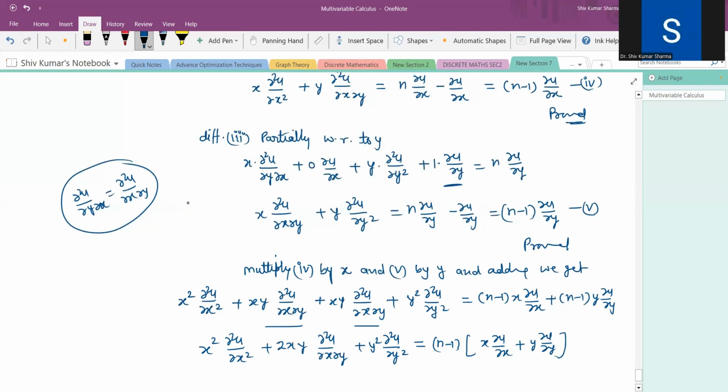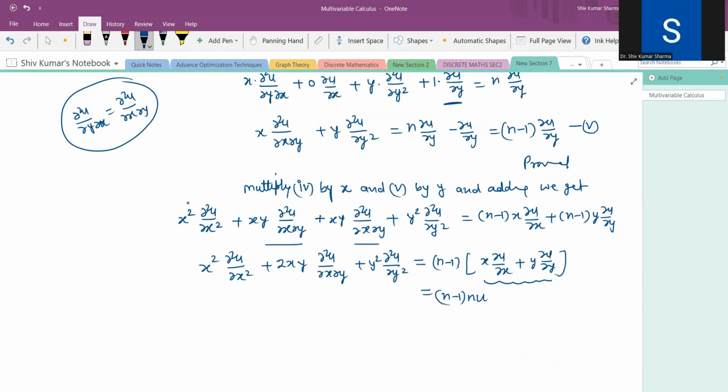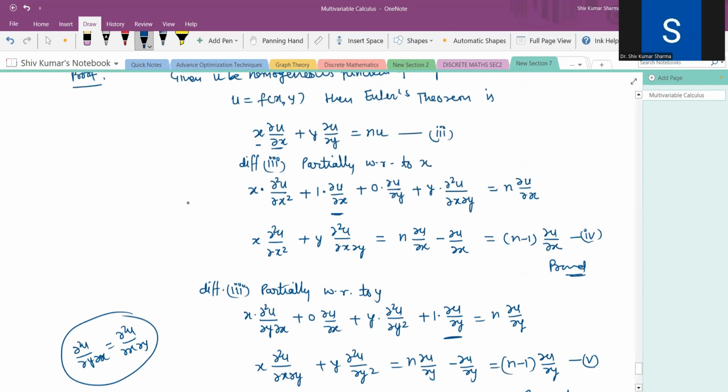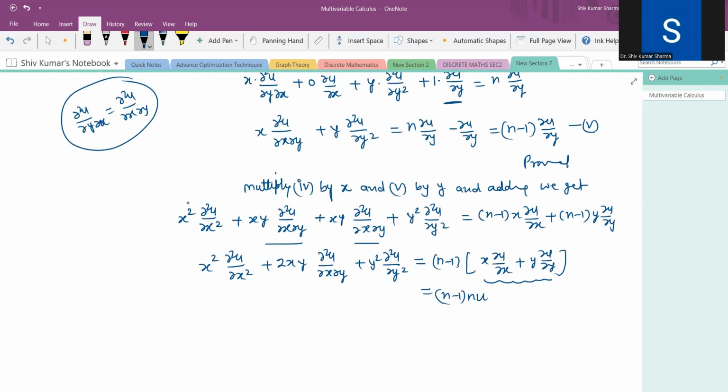So this gives us nu. So we write (n−1) into nu. Okay, so here we have taken this from the third equation, using 3. So this is the third corollary part. So we have proved now.